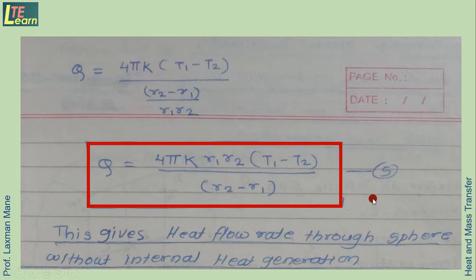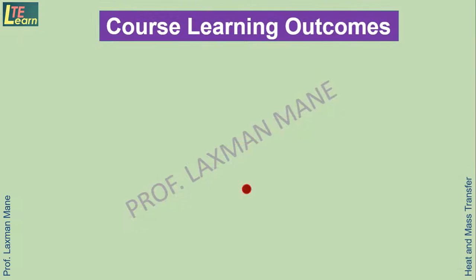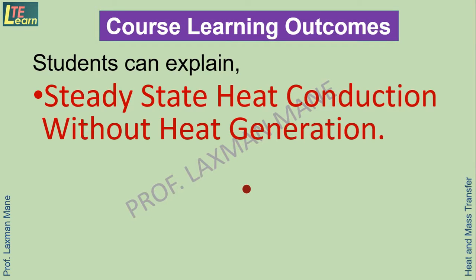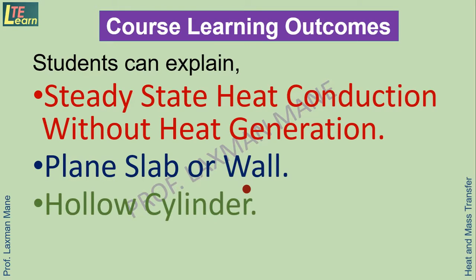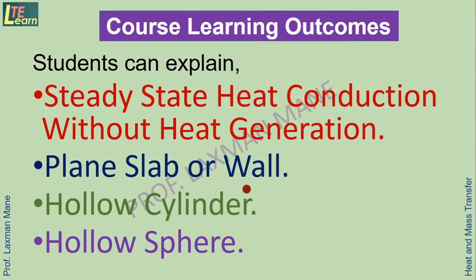So in this way we obtain Laplace equations for the applications of slab, cylinder and sphere. So at the end of this session you can explain steady state heat conduction without heat generation for plain slab, hollow cylinder and hollow sphere.